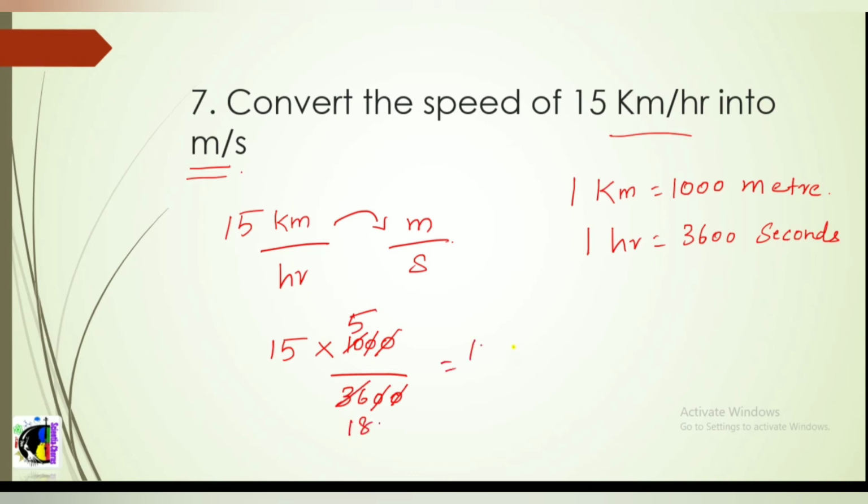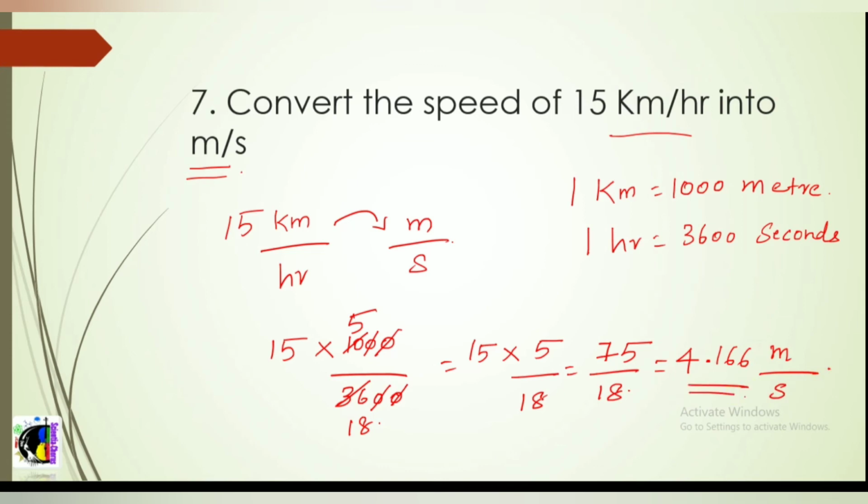So 15 into 5 divided by 18, so 75 divided by 18. So you'll be getting the answer as 4.166 meter per second. So this will be the answer.